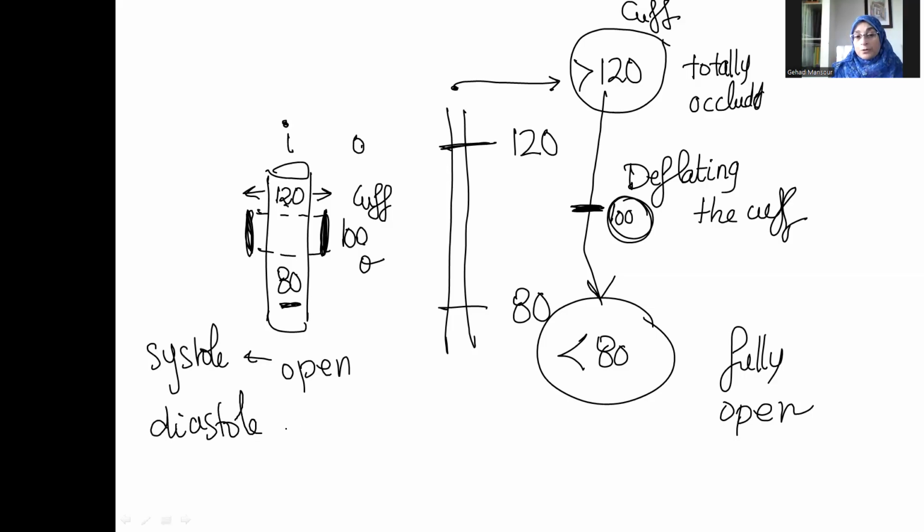So during your journey downward from 120 to 80, you will always have points where the inside pressure of the artery is larger than the outside pressure of the cuff, whereby the artery will be dilated, the artery will be open, and you will hear a sound due to a turbulent blood flow.